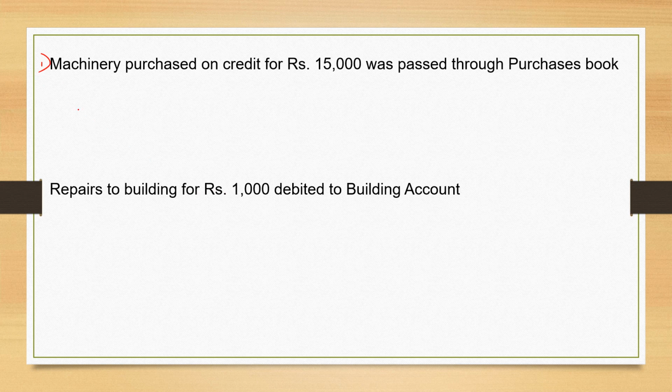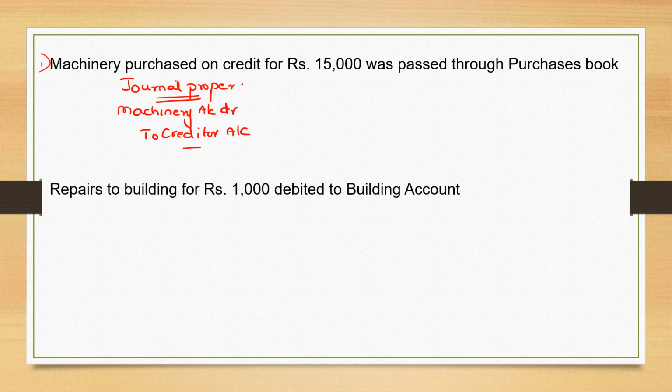The first one is machinery purchased on credit for 15,000 was passed through the purchases book. When the machinery is purchased on credit, this goes through the journal proper. A credit purchase of an asset would go through journal proper, and the machinery account should have been debited, and the particular creditor who has sold the machinery on credit has to be credited.